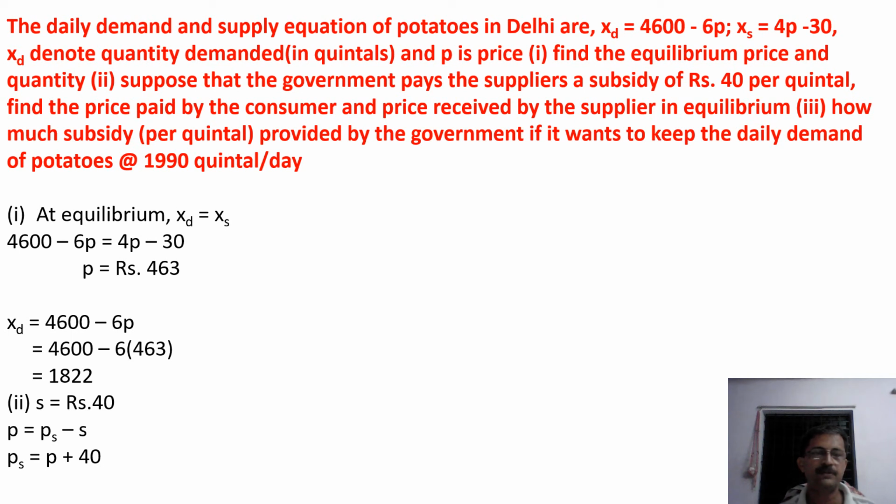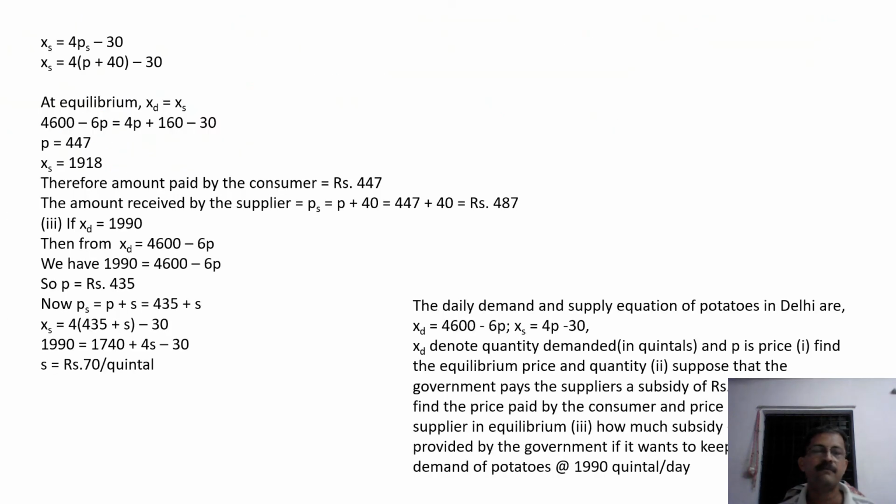So P plus 40 is PS. Substitute in the equation of supply, so we get the new supply equation. Substituting in the equilibrium condition, we get P equal to 447 and X equal to 1918.